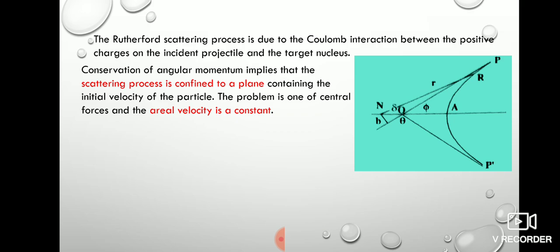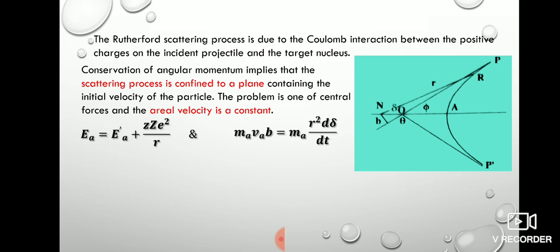As it is a central force problem, and also considering the conservation of angular momentum, the path P prime will be in a plane which contains the direction of initial velocity. And as it is a central force problem, the areal velocity of this particle will be constant.